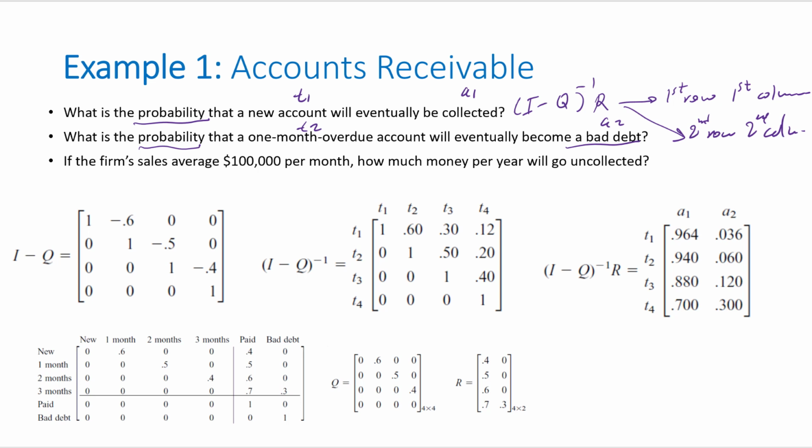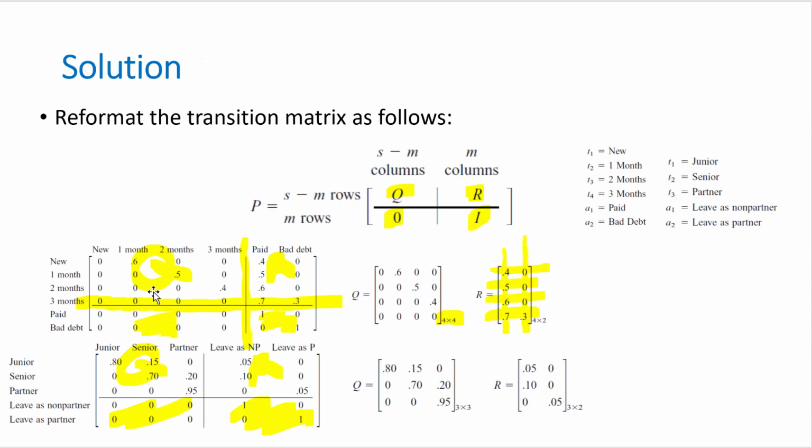Third question, if the firm's sales average, we'll get that question later on, but first let's answer the first two questions. First, let's calculate I minus Q. What was Q for the first example? Q was this part.